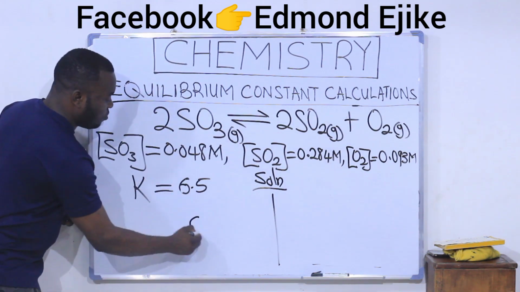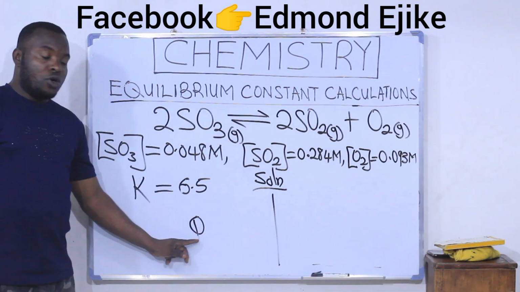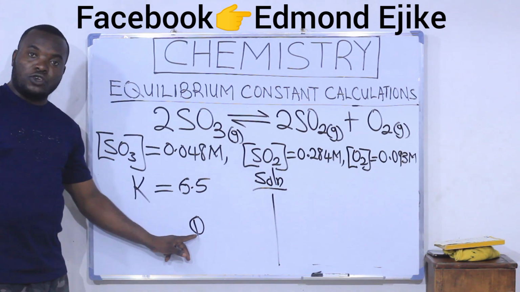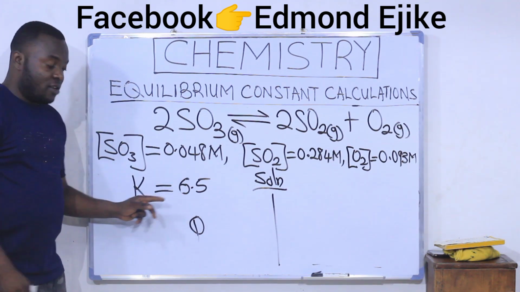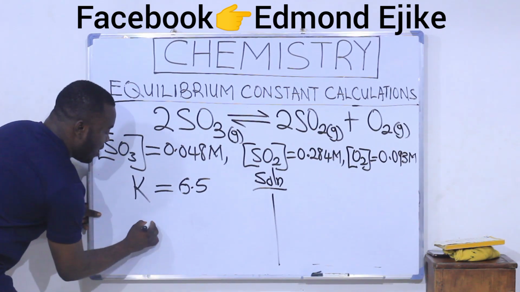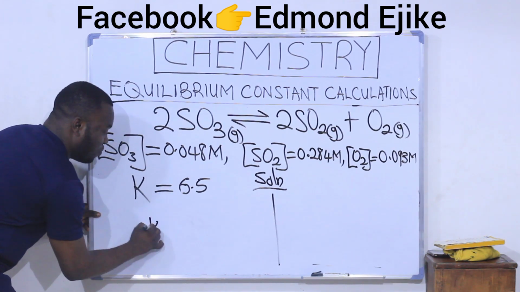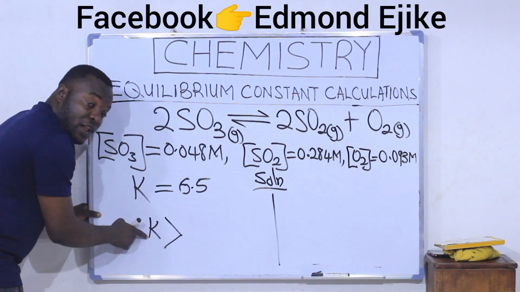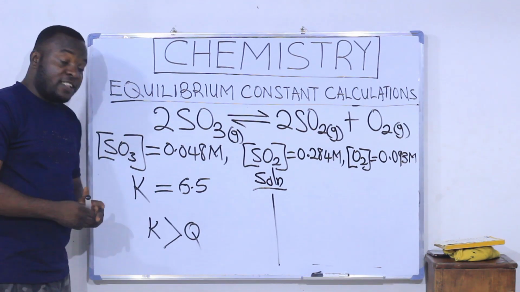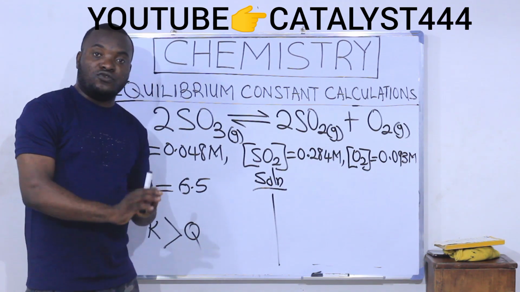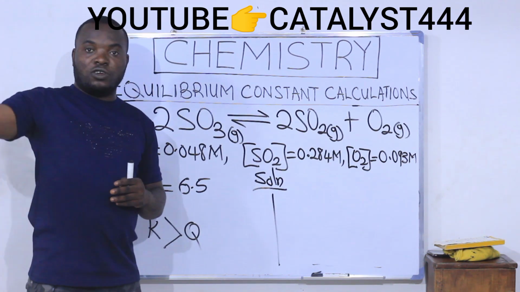When you find your Q, compare it with the equilibrium constant given. If K is greater than the value of Q you find, it means the equilibrium will shift to the forward reaction, that is to the right.